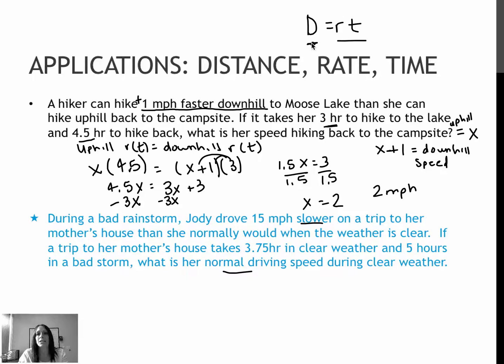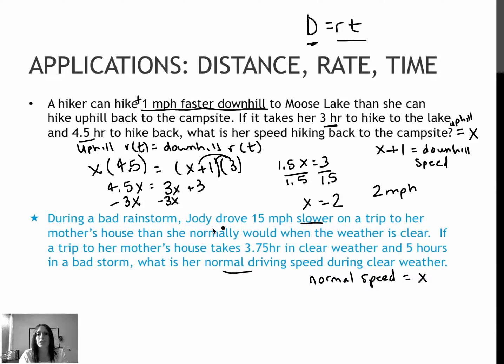Again, in this instance, the distance is the same driving to her mother's house or driving back. So the distance is not something we're concerned about. We're going to do rate times time in the bad weather and rate times time in the not so bad weather. Her normal speed is going to be x.